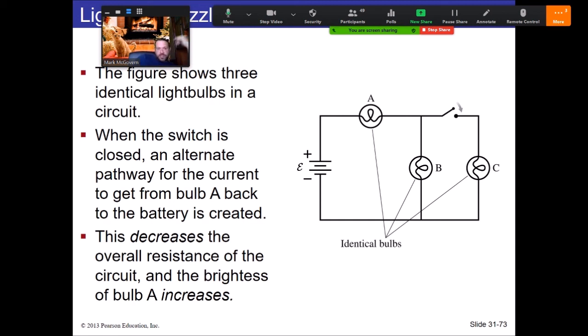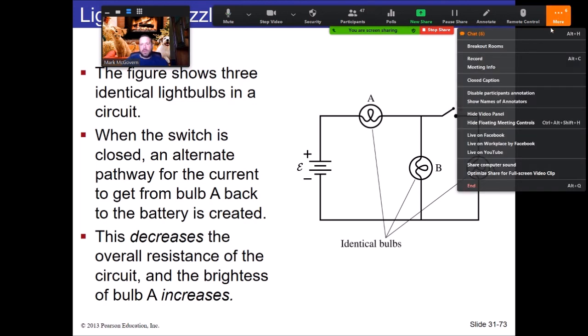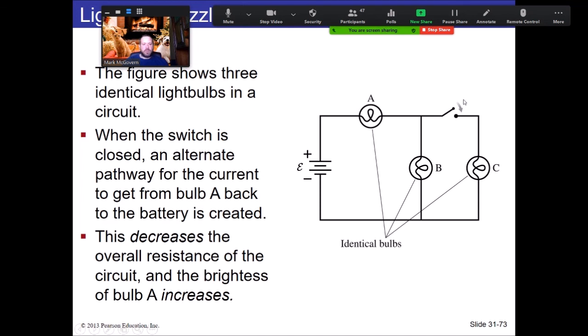Combine that with the series configuration for A, and we have an overall smaller resistance. So that means more current comes out of the battery and goes through A, which becomes brighter. But then the current has to split at the junction, and B and C share that new current, which will be lower than what the current was originally. It's a good exercise if you'd like to do this on your own, but when you close the switch here, A gets brighter, B gets fainter, and obviously C turns on and matches what B is. Excellent thing there. Puzzle.